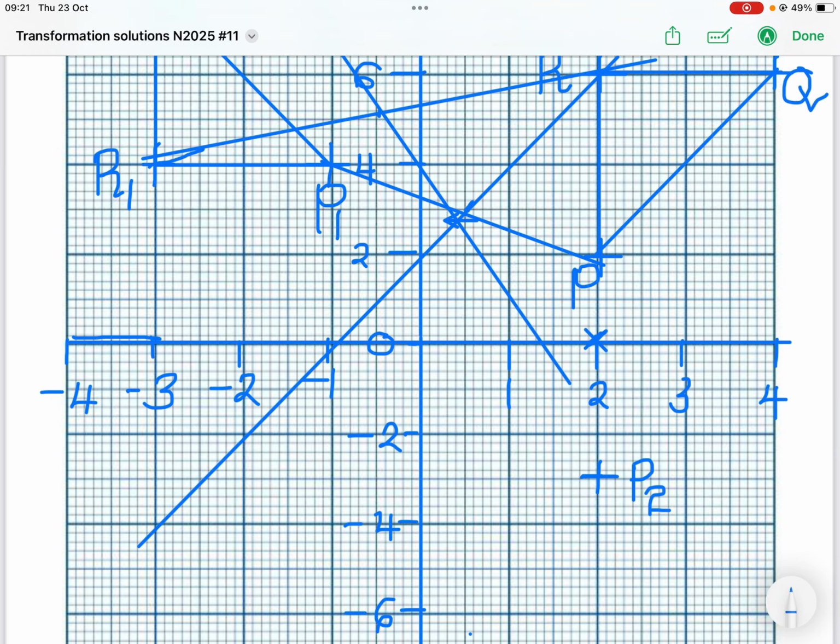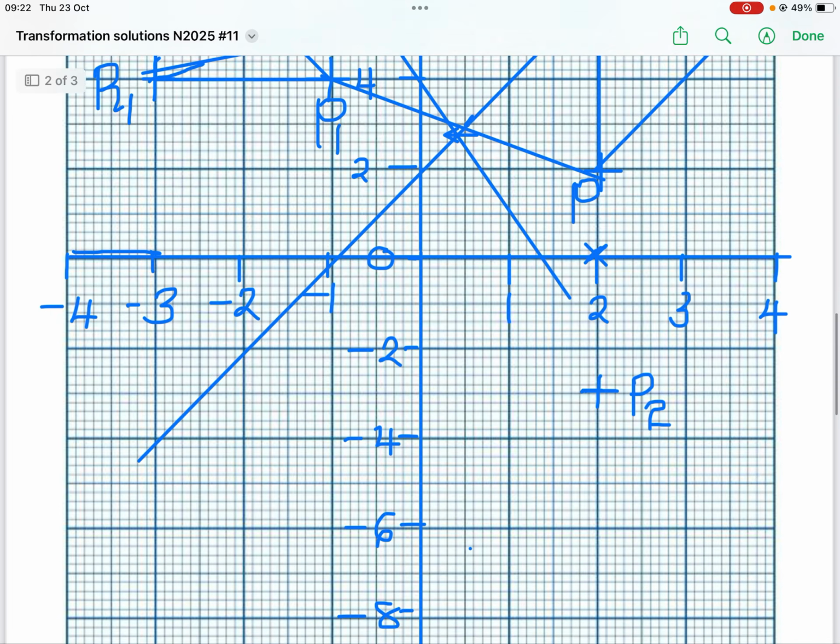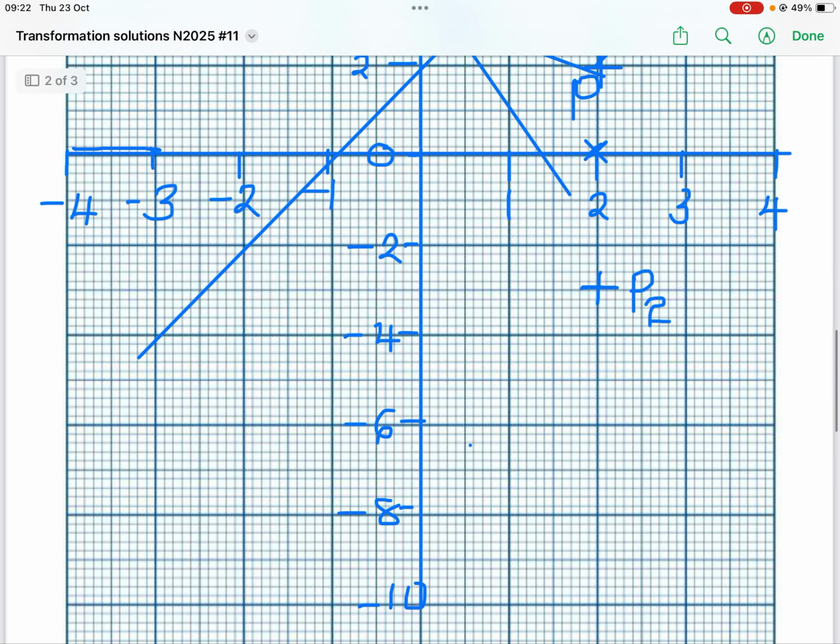We are going to have 4.5. So we need to measure 4.5 boxes from the center of enlargement, right? So this is our 1, our 2, our 3, our 4, and 4.5 it is here, right? So this is going to be our point R2.